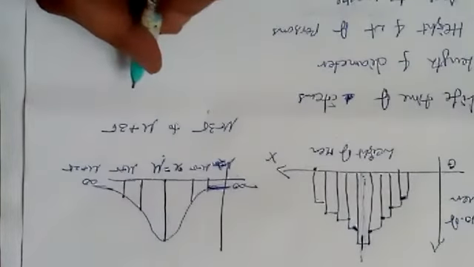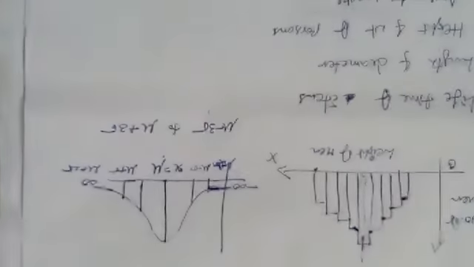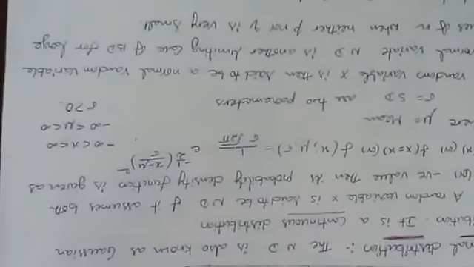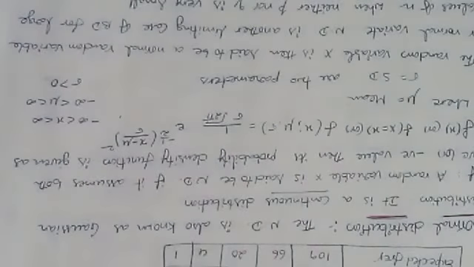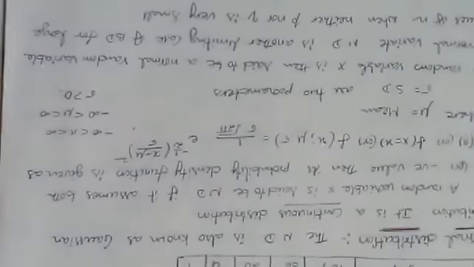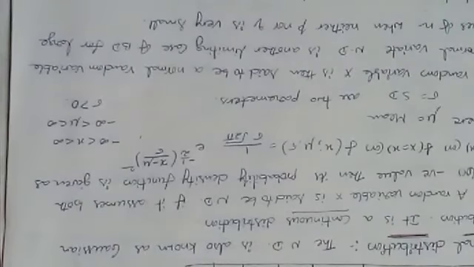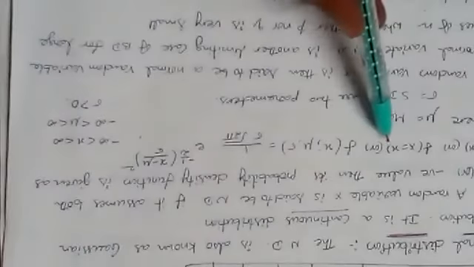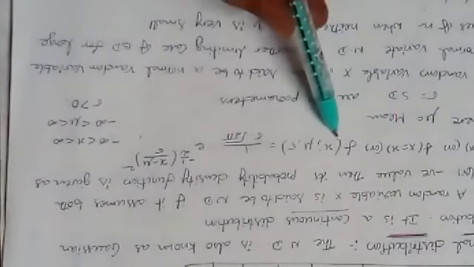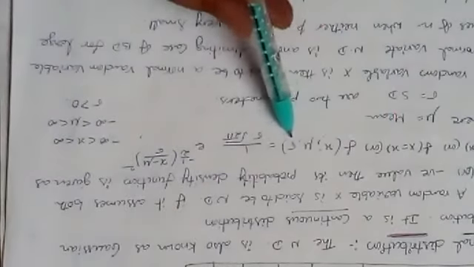Next, normal distribution. How can we define the normal distribution? This is the normal distribution definition. A random variable x is said to be normally distributed if it assumes both positive and negative values. Then its probability density function is given as f of x, mu, sigma.